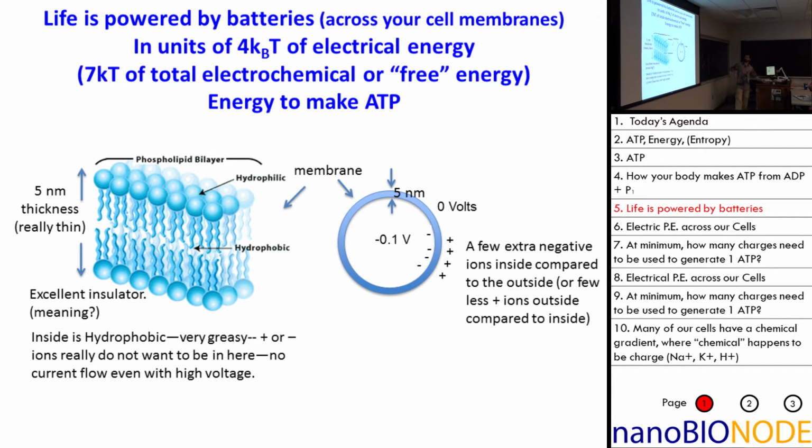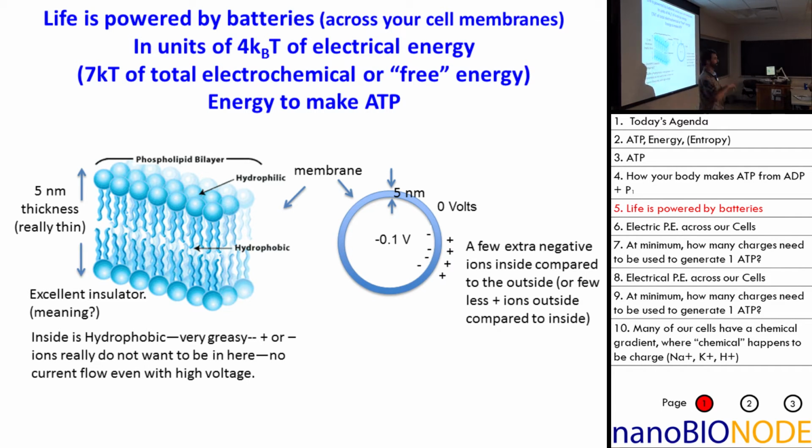So what you do is you somehow start it so that there's a little bit more positive ions out here than negative ions over here. The difference is relatively small, but there's enough of a difference such that there's about negative 100 millivolts on the inside of all your cells.